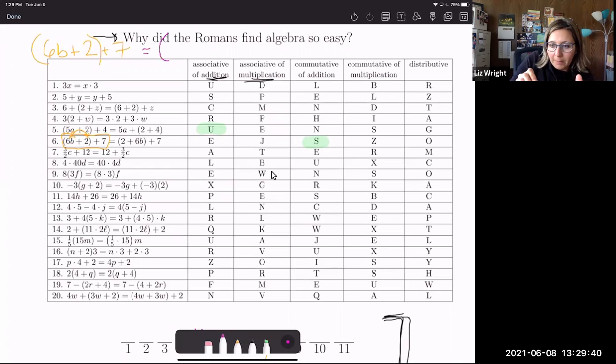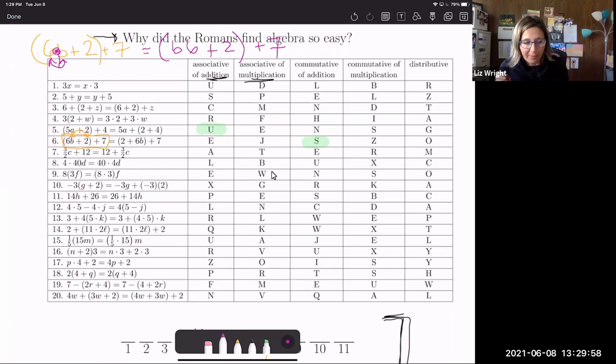We would have b6 plus 2 plus 7. So what that would look like is that everything stays the same, but the 6 and the b traded places, which is, again, commutative of multiplication because they traded places across that multiplication sign, which is how that could be different. All right, then don't forget, go down to the answer and fill in your S above the number 6 blank.